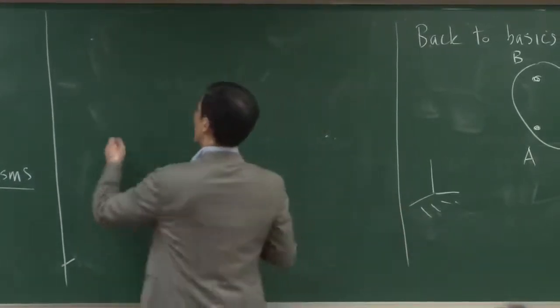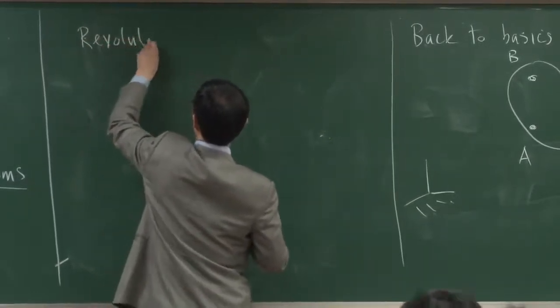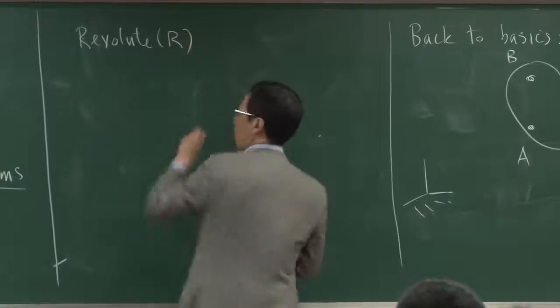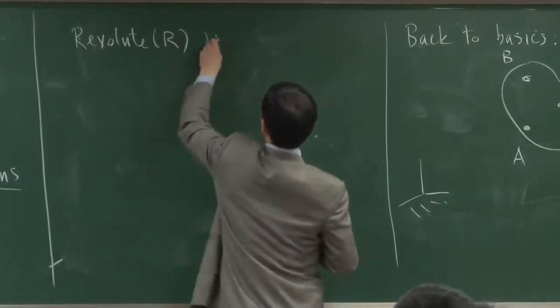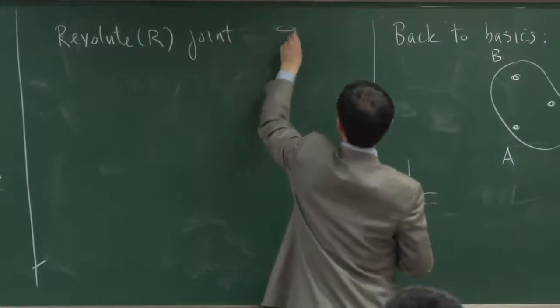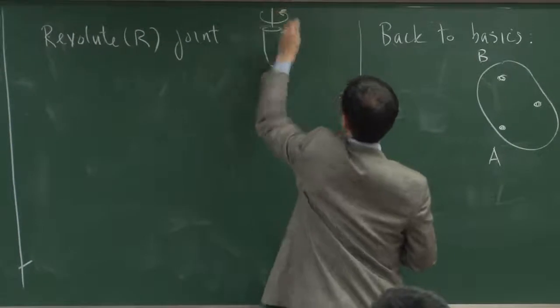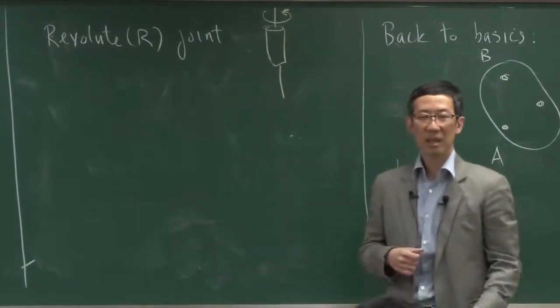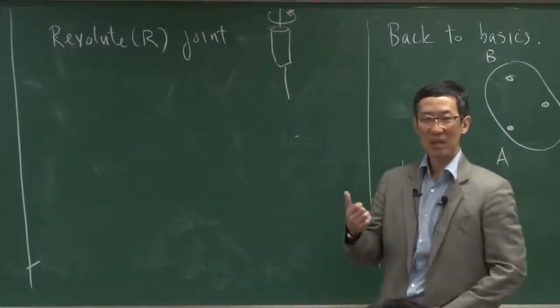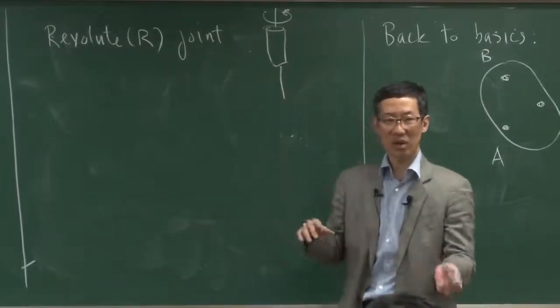It's called a revolute joint in the business, so use the letter R. It rotates. Some people call it a pin joint, some people call it a hinge joint. We'll call it a revolute joint or R joint.